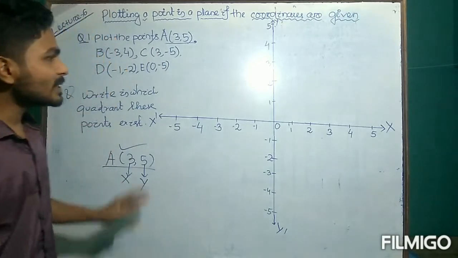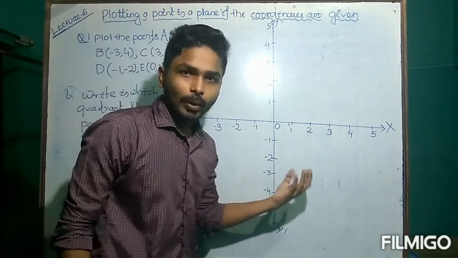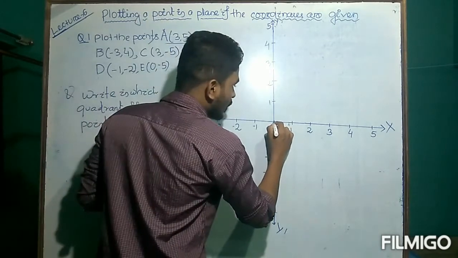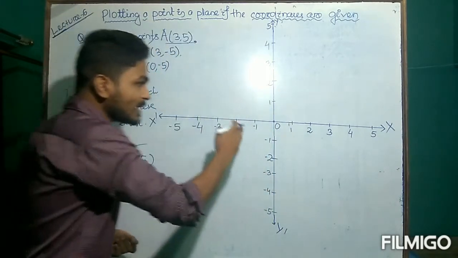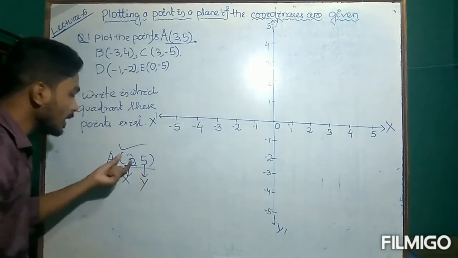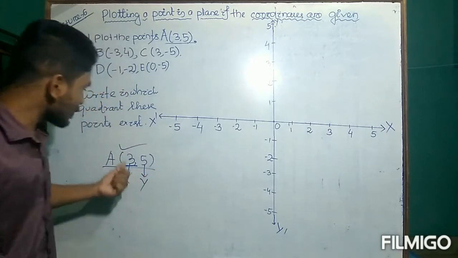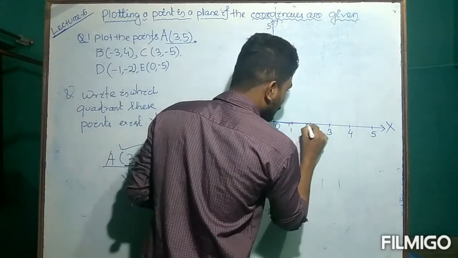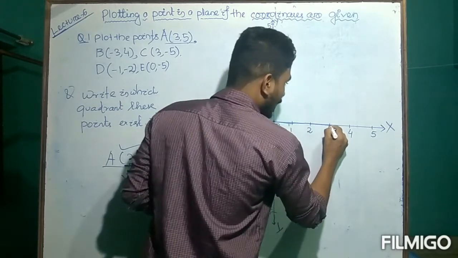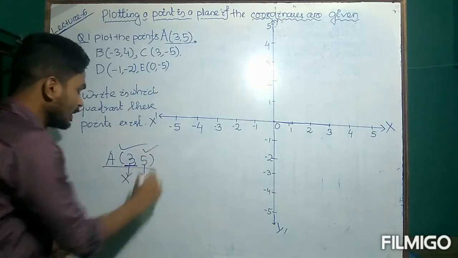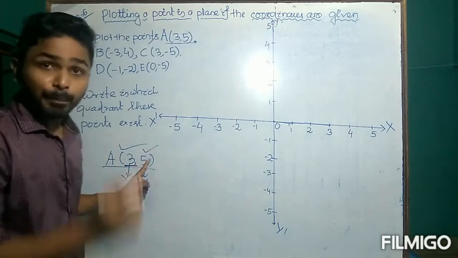Whenever you are going to locate a point, start your journey from the origin. Towards the positive direction of the x-axis you have to move 3 units, because the x coordinate is 3. So start your journey: 1 unit, 2 units and 3 units. Understood? Here you reach.